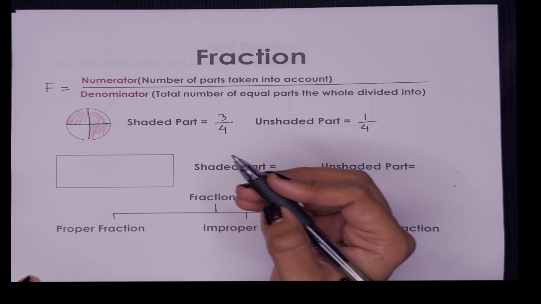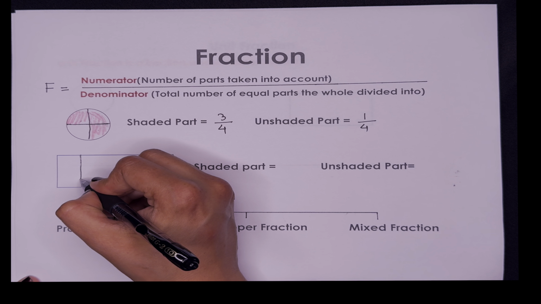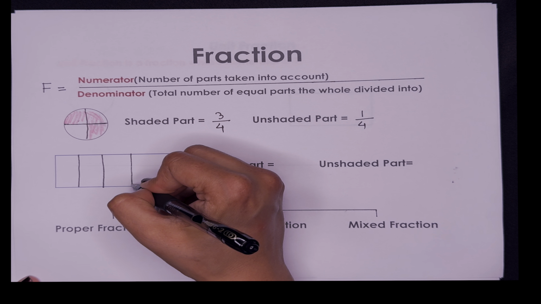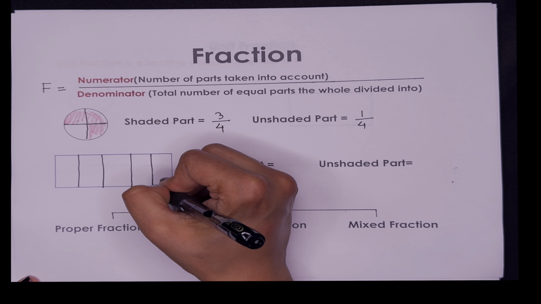Let's take another example. This is a rectangle. I am making it 5 equal parts. So if we make 4 lines, that will give us 5 equal parts. And I am shading one of them. So how many parts are there? 1, 2, 3, 4, 5.